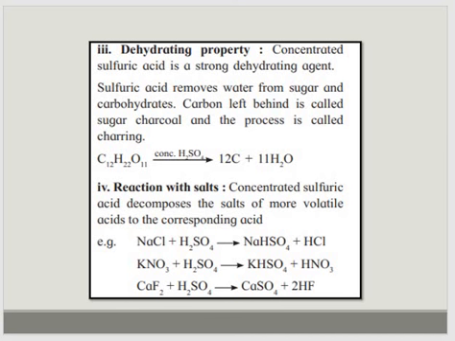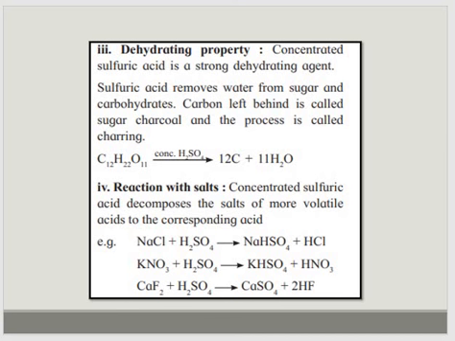C12H22O11 is the chemical formula of sugar. When it is treated with concentrated sulfuric acid, water molecules will be eliminated from the chemical formula and carbon will remain behind. Next is reaction with salts. Concentrated sulfuric acid decomposes the salt of a more volatile acid to the corresponding acid.